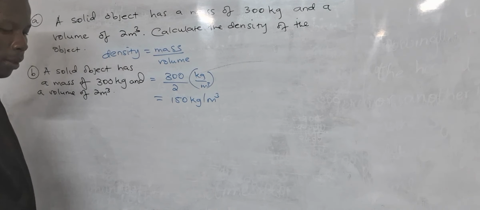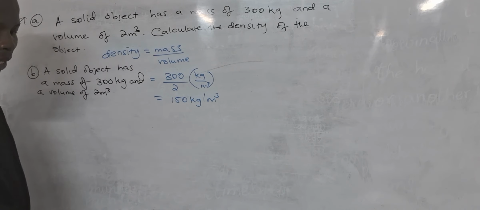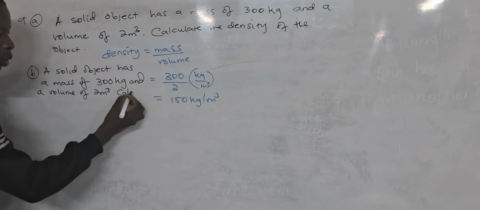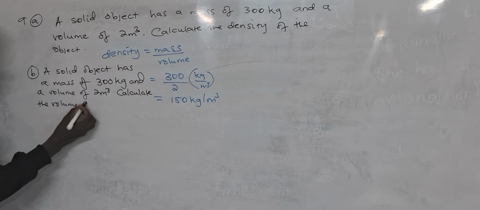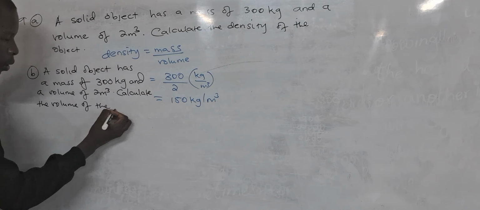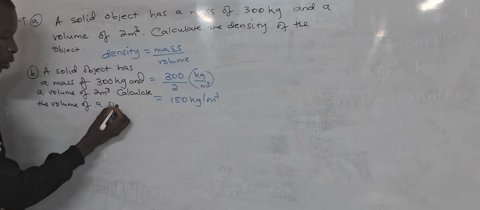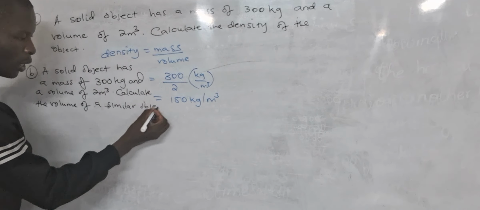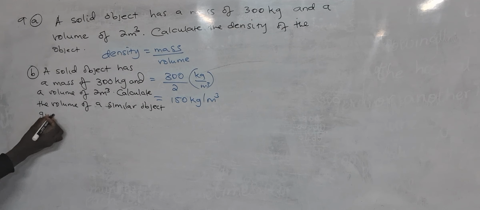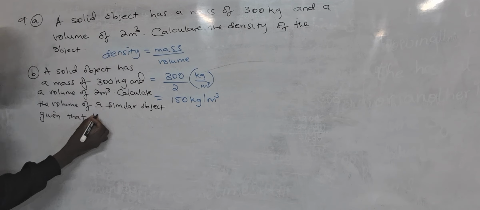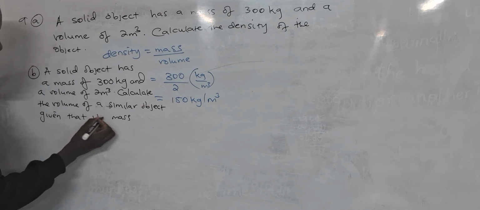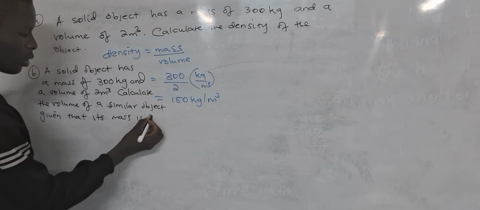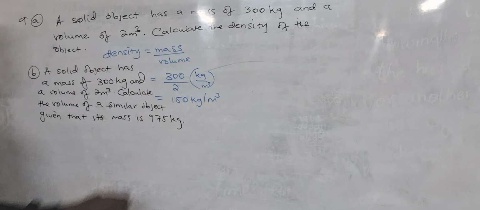Calculate the volume of a similar object given that its mass is 975 kilogram.